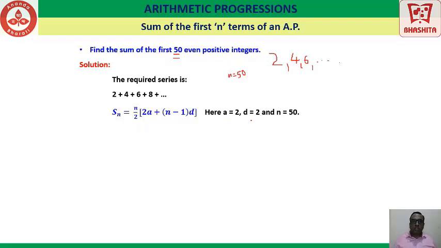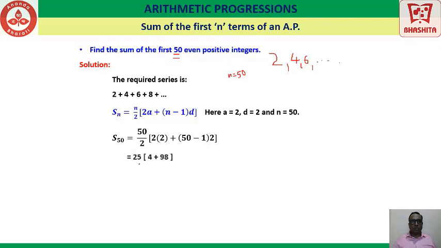So substitute the values of n, a and d in this formula. So n by 2 will give us 50 by 2, 2a 2 into 2 plus 50 minus 1 49, 49 into 2. We can see this in the next line. So 50 by 2 into 2 into 2 plus 50 minus 1 into 2.